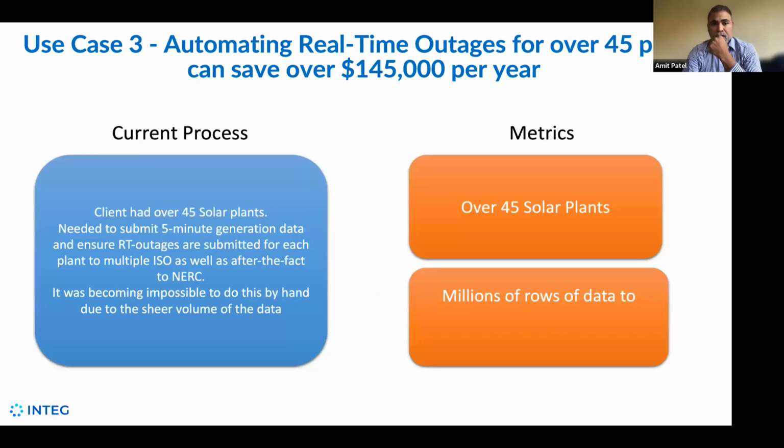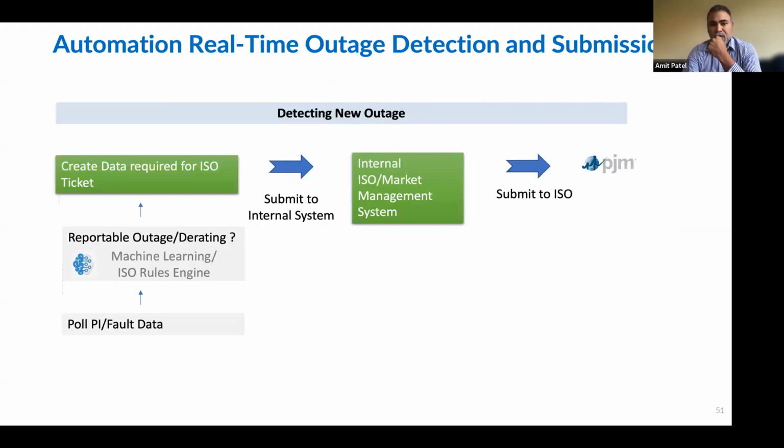Correct. So again, this client had multiple plants, millions of rows of data to review, and it was literally just becoming impossible by hand. So the process, and I've simplified it, but there's more detail, just because of the constraints and the time we have.